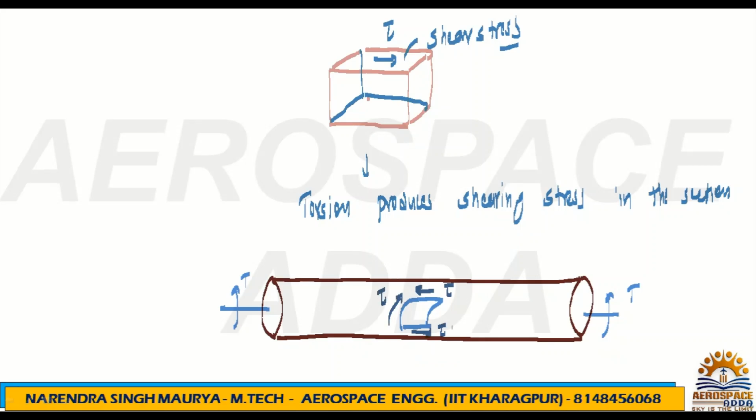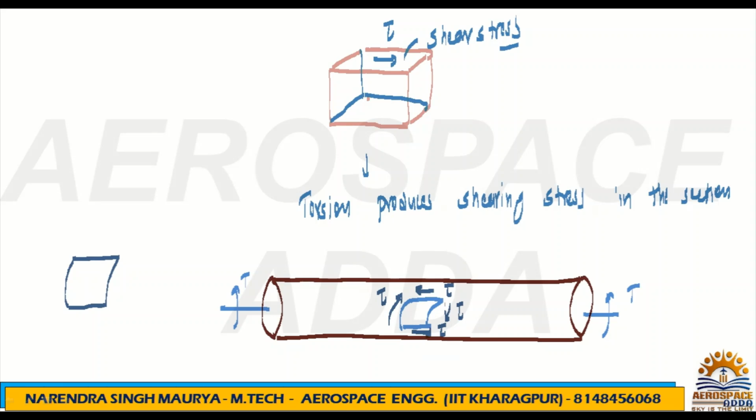If torsion is there, then any section you choose for the shaft, you will get the shear stress tau over the surface. Any element you can take. Here I have taken this element, one portion of the shaft.